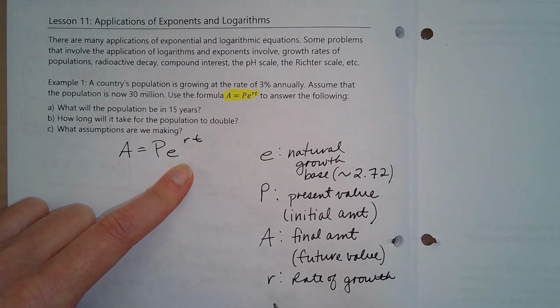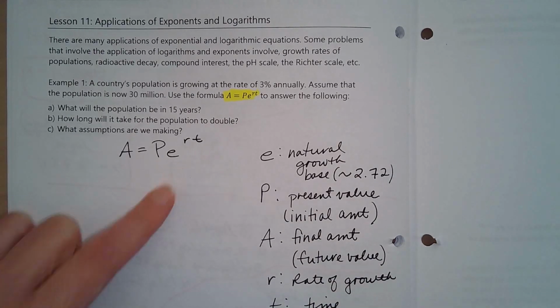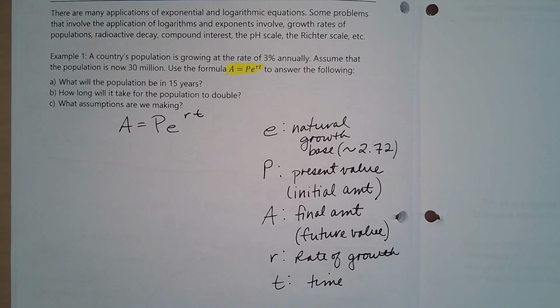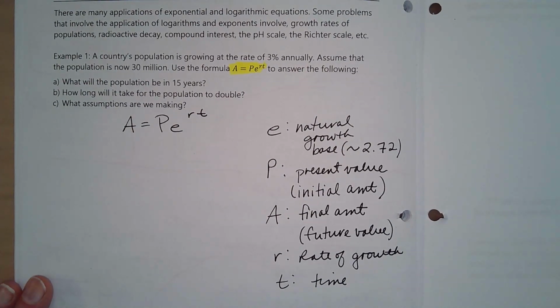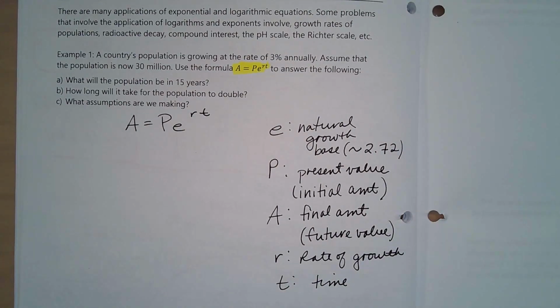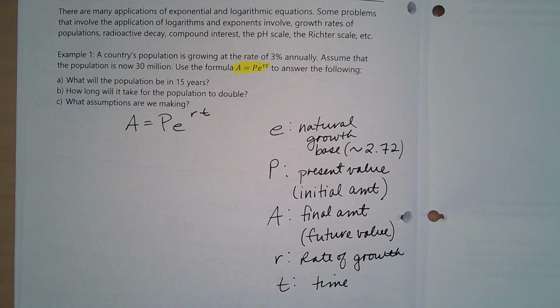We only ever use decimals. What else do I need? T is 15, right? And I know what E is. E is about 2.72. So I know PERT, so we're finding A, right?